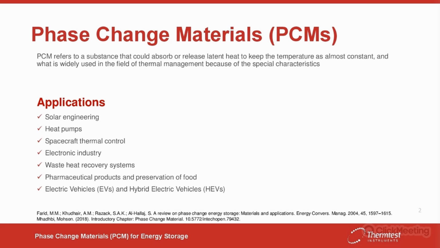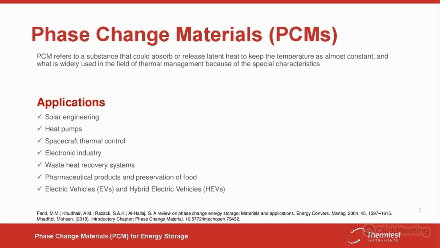So, what are the phase change materials? They are substances that are able to absorb or release latent heat in order to keep their temperature stable. And they are widely used in thermal management applications because of these special characteristics.